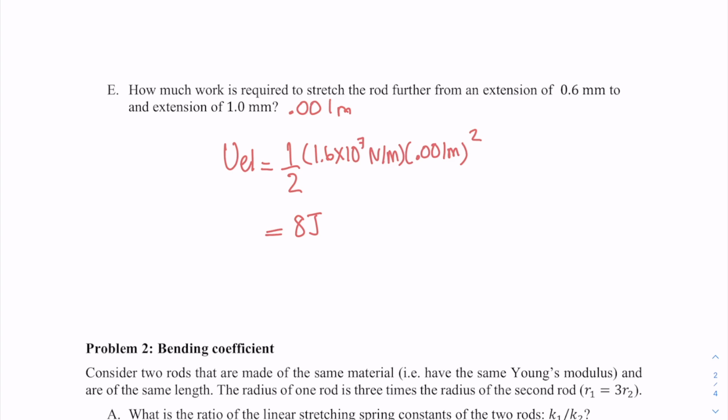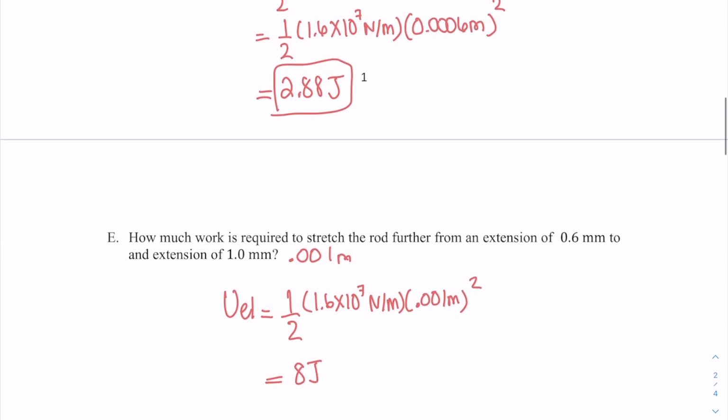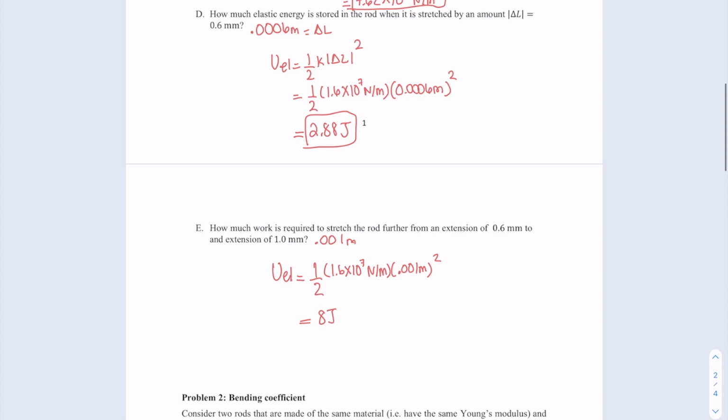The displacement here will just be the extension that we have, the 1 millimeter. And like I said, I'll look at these problems after the session as well, and if I see anything that should be different, I'll let you guys know. But from what I'm seeing, you should just take the energy at that extension and subtract it from the energy at the original extension, 0.6 millimeters, and that's going to give you the amount of work you need to do on the system to extend it further, from 0.6 to 1.